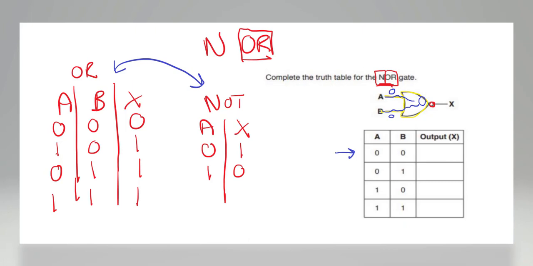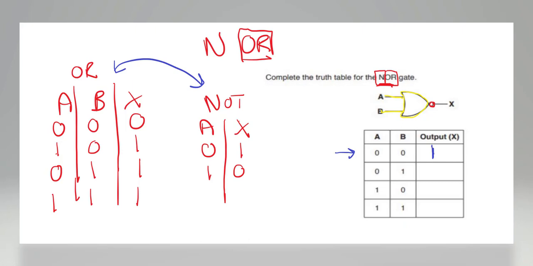And what does a NOT do? It reverses things. So if we've got a 0 going in, a 1 will pop out. So 0 or 0 will equal a 1 on a NOR gate, because what a NOR gate does is an OR gate and a NOT gate combined. So it reverses everything of what normally an OR gate would be.